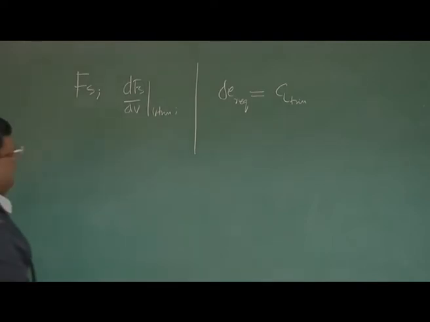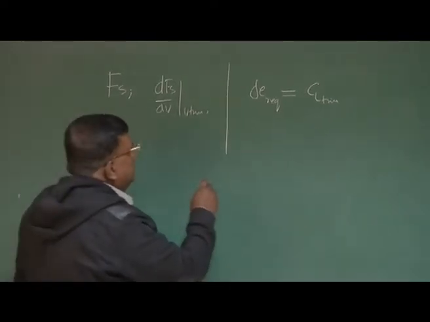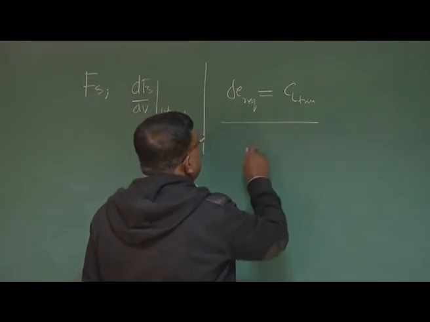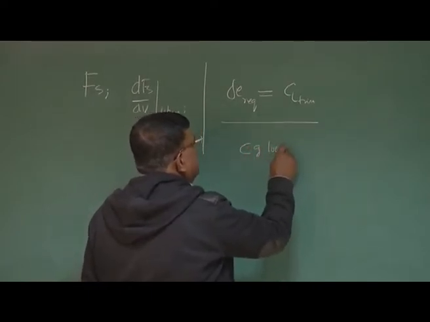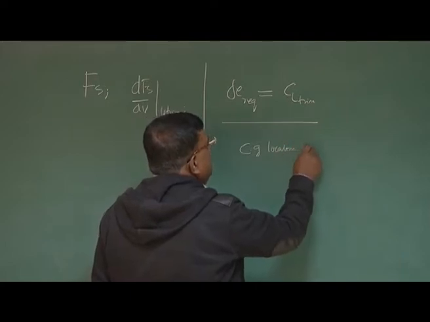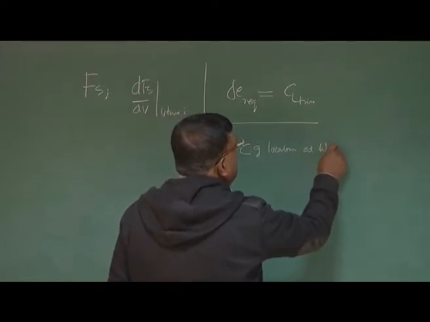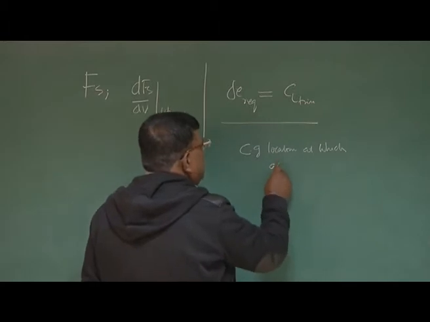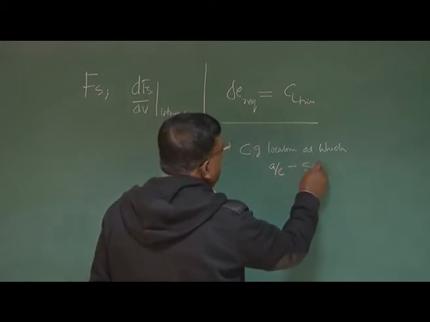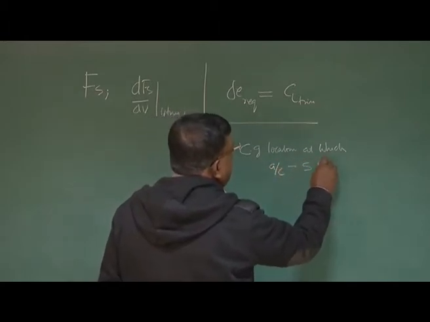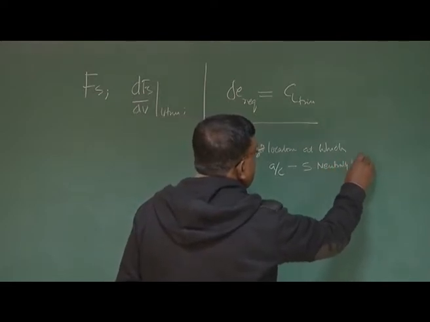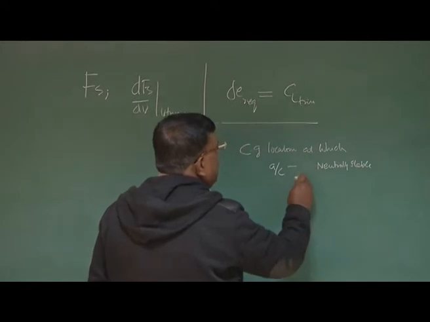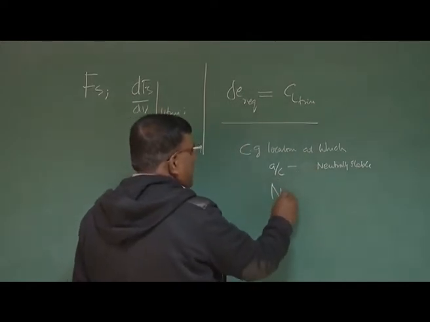And from this concept, we realize that there is a CG location at which the aircraft becomes statically neutrally stable. Neutrally stable. So from there we have defined the neutral point.